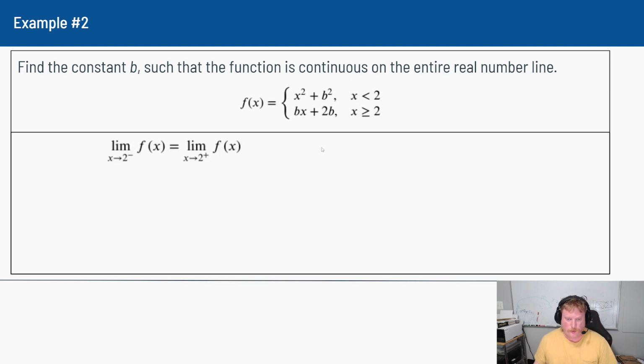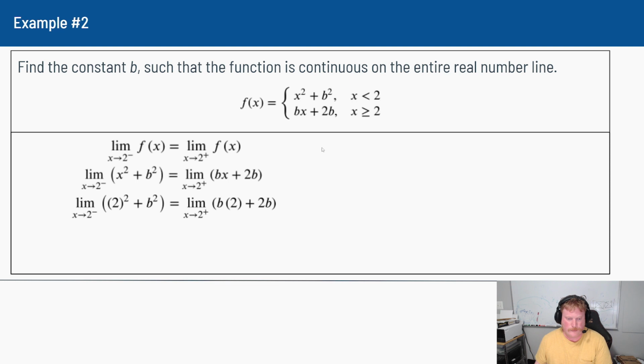And ultimately, we want the limit from the left to be equal to the limit from the right. So plugging in 2 to both pieces is going to give us an equation of 4 plus b squared is equal to 4b, which is a quadratic equation.